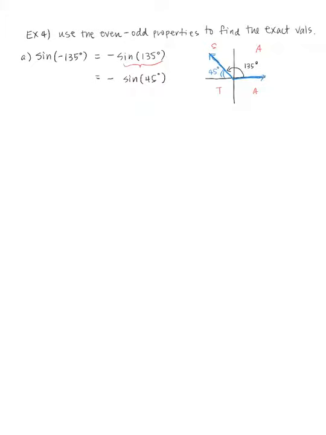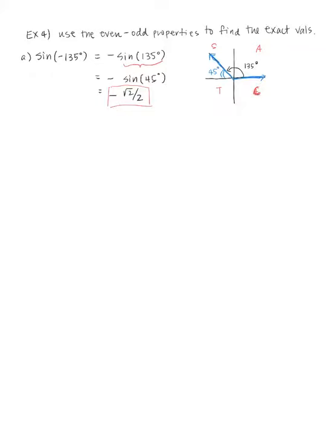If you have memorized it, sine of 45 degrees is root 2 over 2. So the answer is going to be negative root 2 over 2. Oh, I just noticed that it's all students take calculus, so this should be C there. Sorry about that.